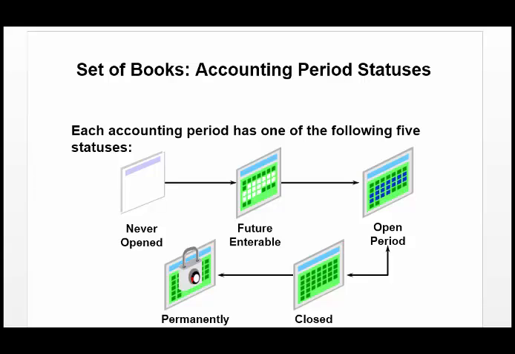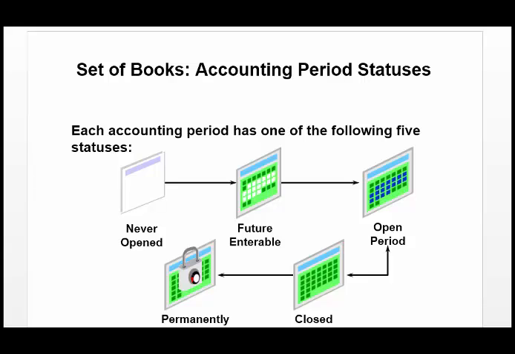Now here are the statuses of your periods. A period is either never open, which means that if we look at the year 2020, there is no way that we would even be recording any transaction. So at this time, January 2020 is never open.